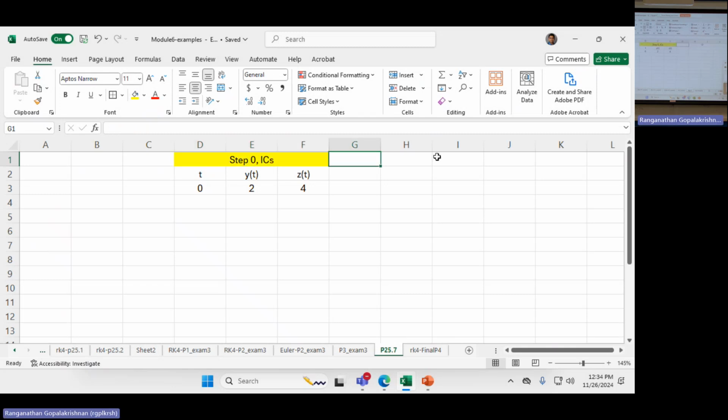All right, step 1, computing K1Y and K1Z. You have to compute the two of them together. I just need to compute this.